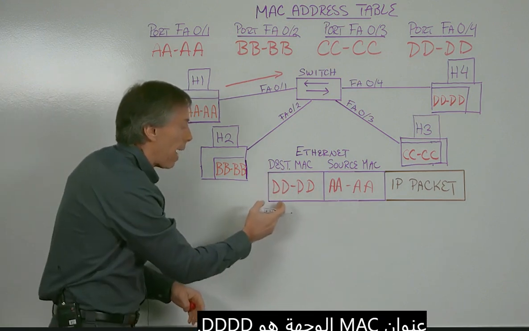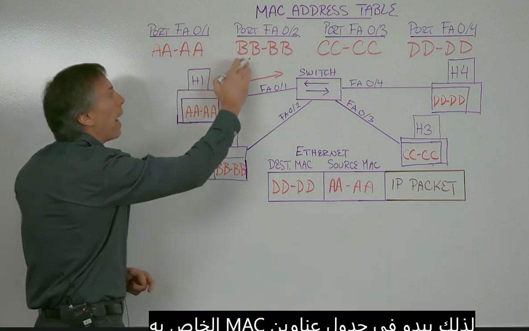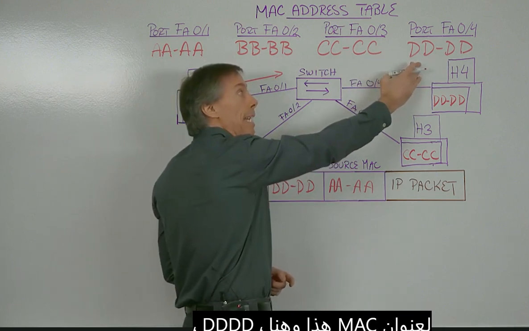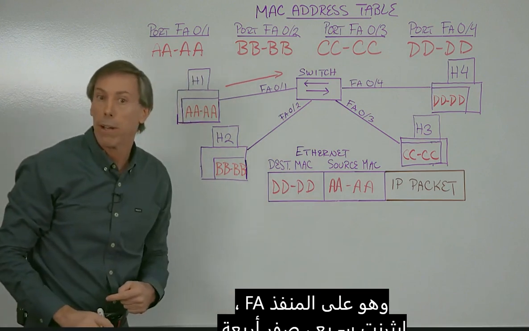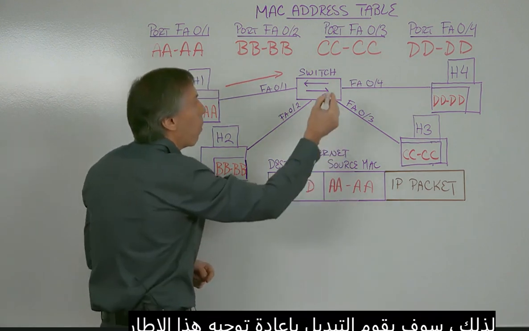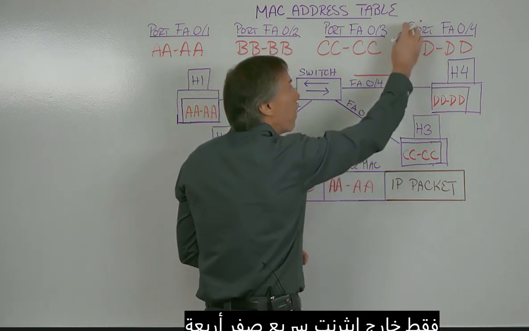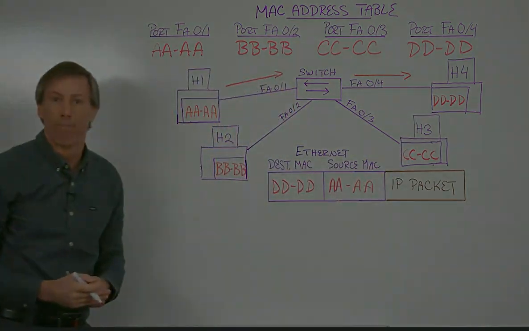The destination MAC address is DDDD. So it looks in its MAC address table for that MAC address, and here it is, DDDD, which is on port Fast Ethernet 04. So the switch will forward this frame only out Fast Ethernet 04 towards the destination.